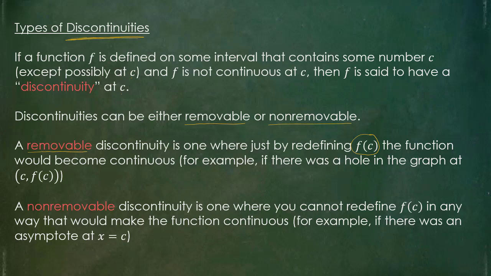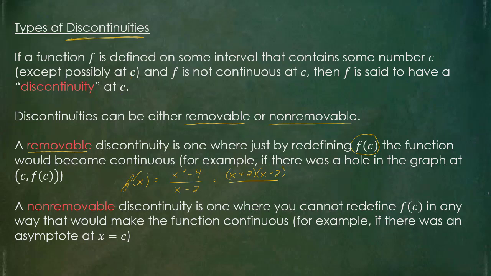So the example that we had on the previous page, f of x equaling x squared minus 4 over x minus 2, that discontinuity is removable, because I could factor the top and the bottom.